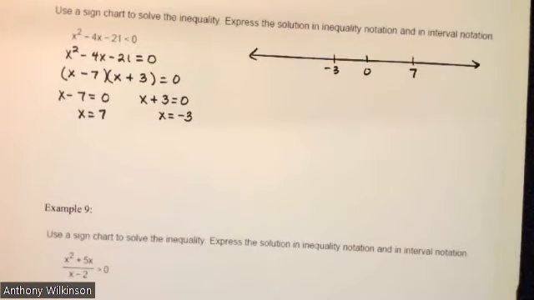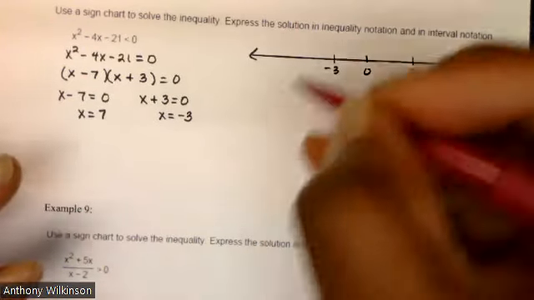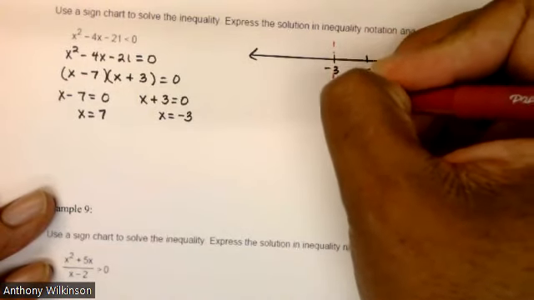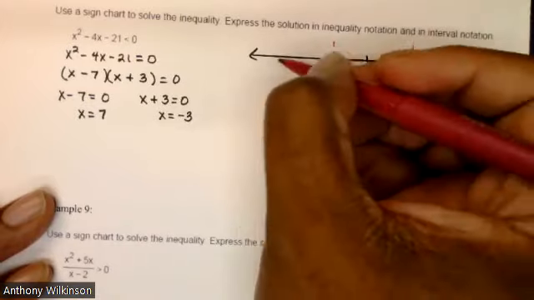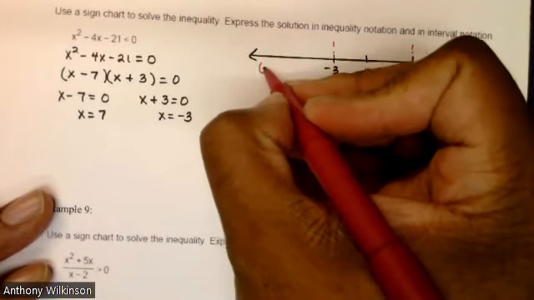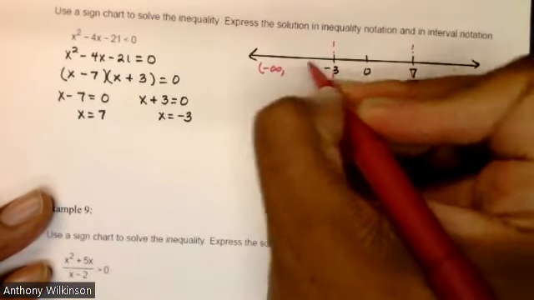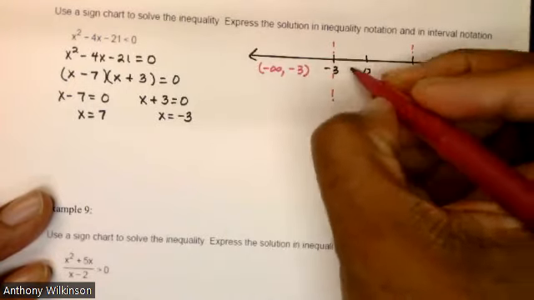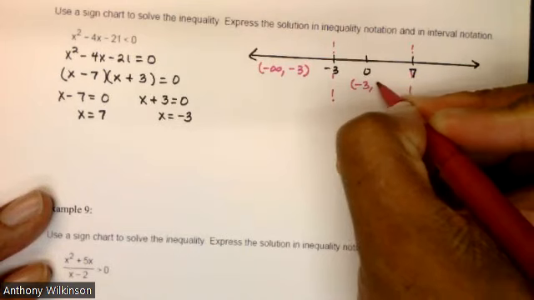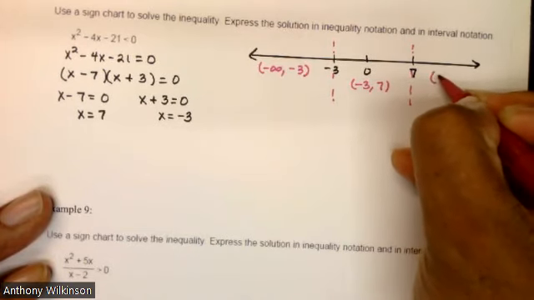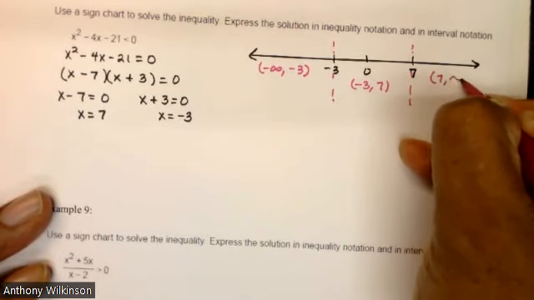Those 2 values will split this number line into three different intervals: the one on the left, the one in the middle, and the one on the right. This interval is from negative infinity up to -3. This interval will be from -3 to 7, and this last one from 7 to infinity.